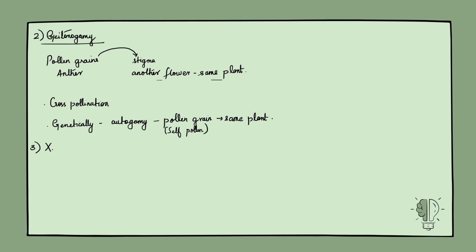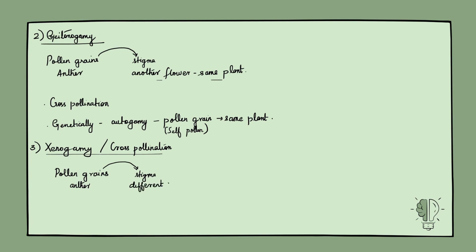Now the third type of pollination is xenogamy. It is also known as cross-pollination. Now in xenogamy, the pollen grains are transferred from the anther to the stigma of a different plant.